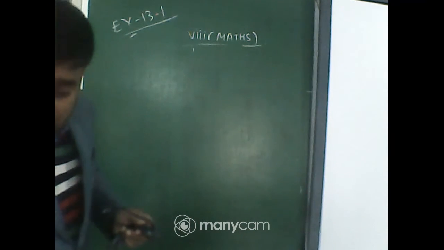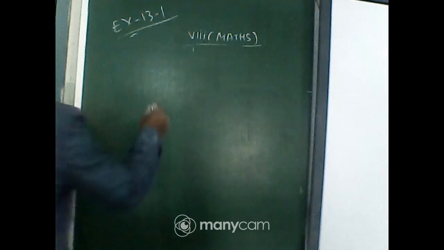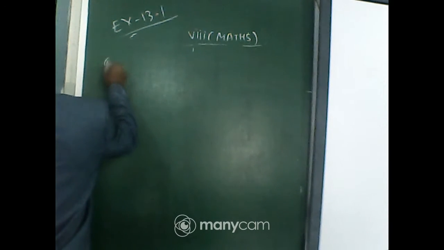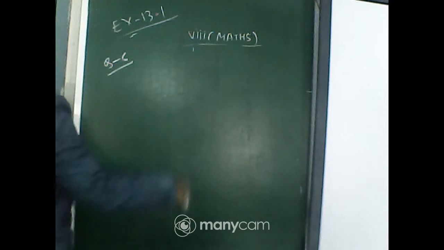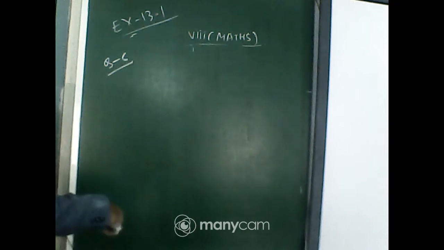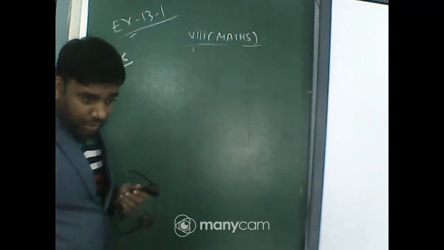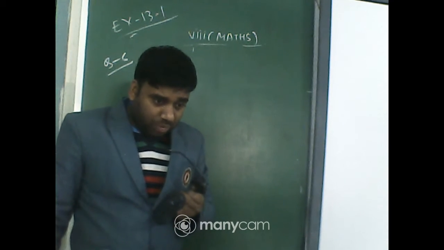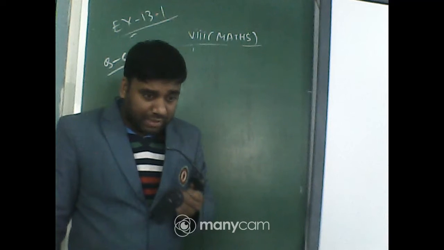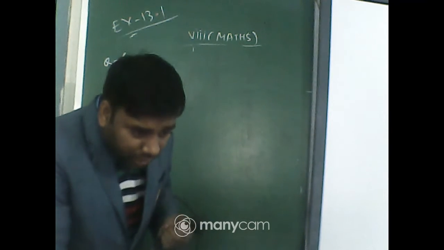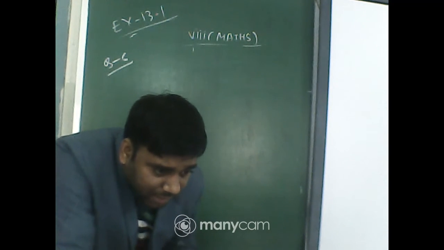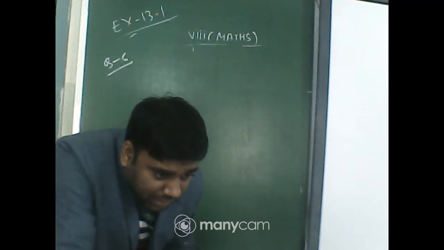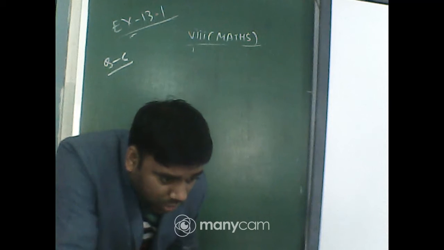Now, in question number 6, in a model of a ship, the mast is 9 centimeter high, while the mast of the actual ship is 12 centimeter high. Then if the length of the ship is 28, how long is the model ship?